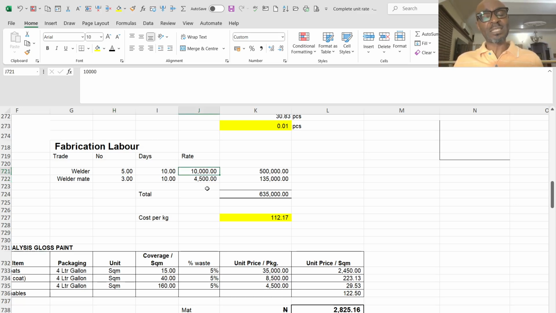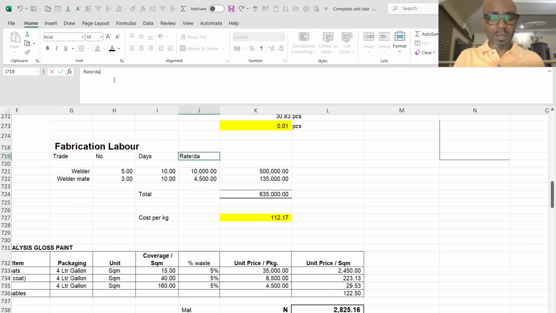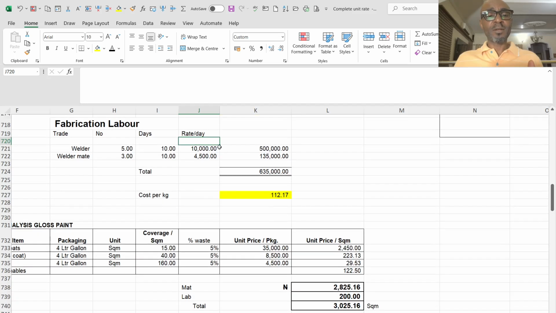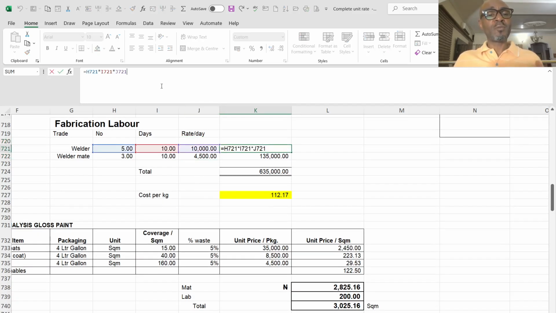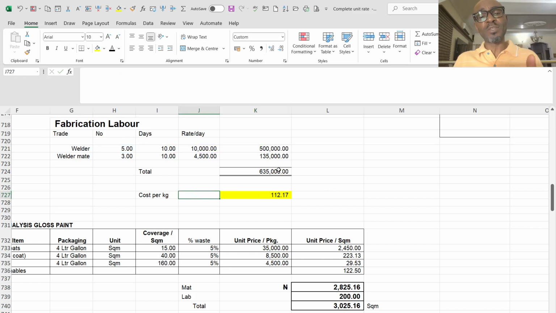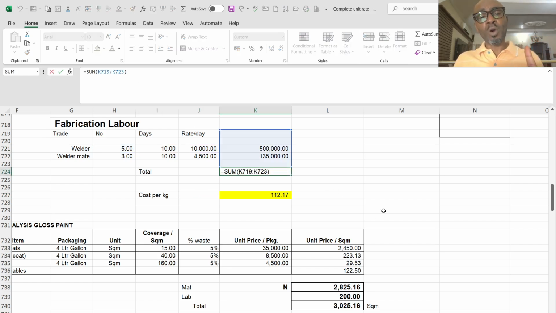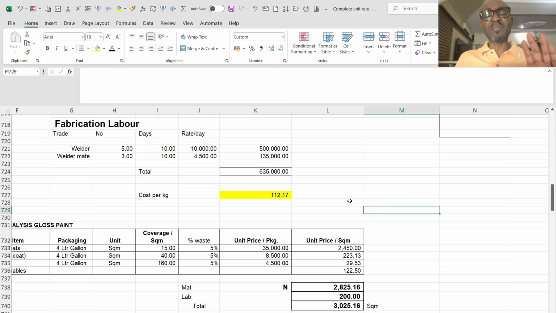And the cost for the welder is 10,000 per day, while the labor is 4,500 per day. So if you multiply the number of welders by the days by the amount, it will give you this amount. So the cost for the whole fabrication is 635,000.